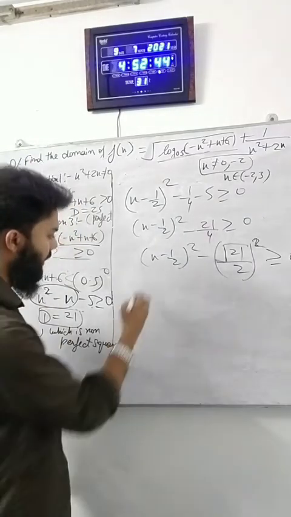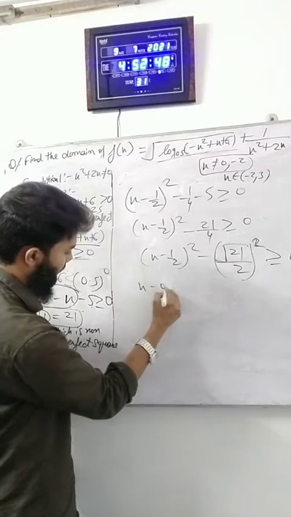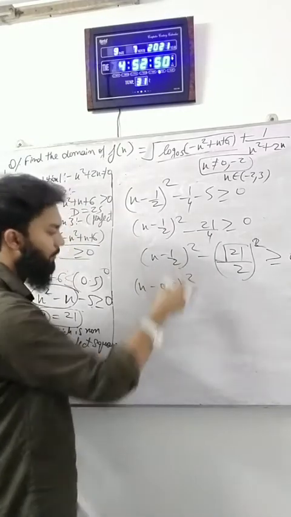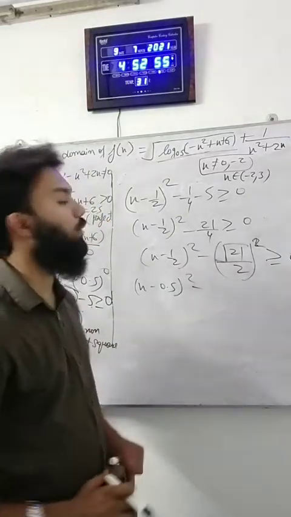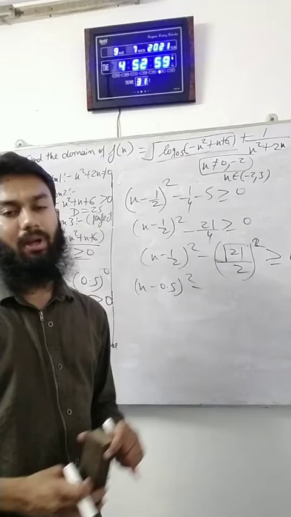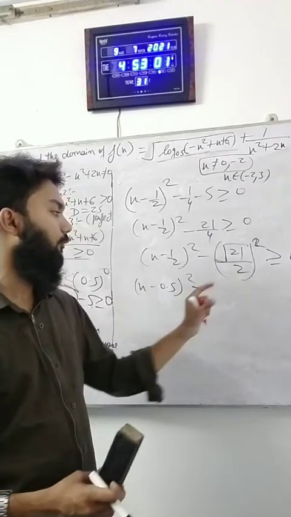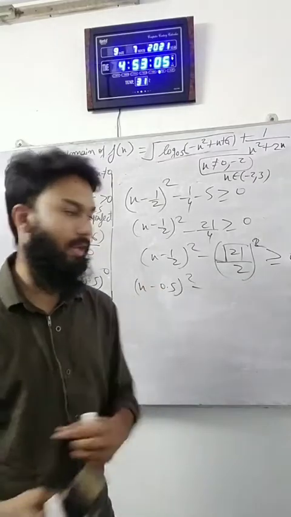Now what if we actually write these values in decimals? Because 1 by 2 is 0.5 minus... What is the value of root 21? Approximately it will be somewhere in between 4 and 5, because 21 is in between 16 and 25.